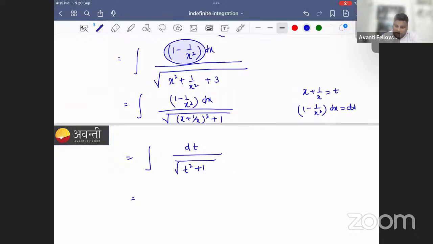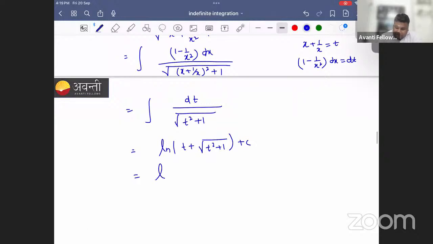Yes or no? And we have a formula for that: ln of t plus under root of t square plus 1, plus constant. And now replace the value of t that you have, that is x plus 1 by x, plus under root of (x plus 1 by x) whole square plus 1, plus constant.